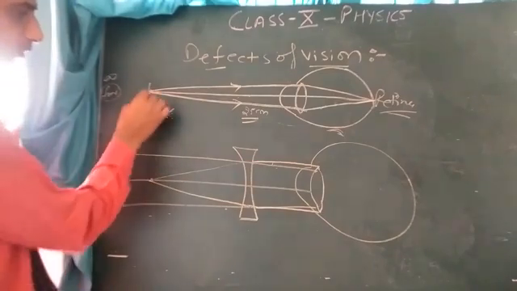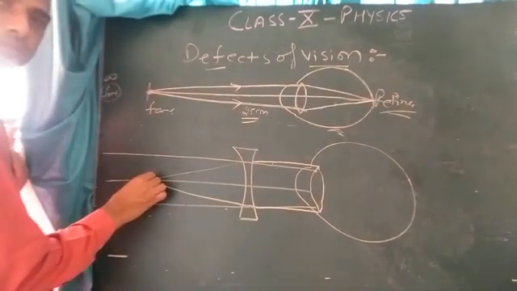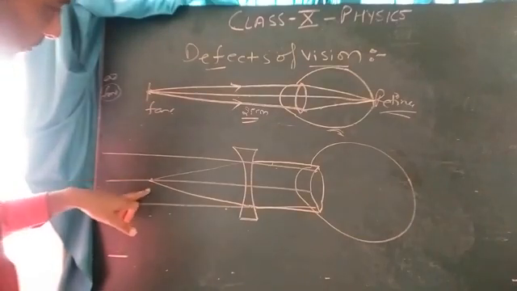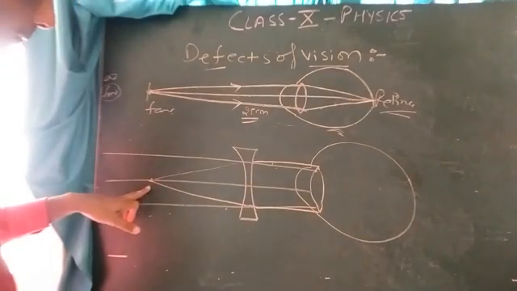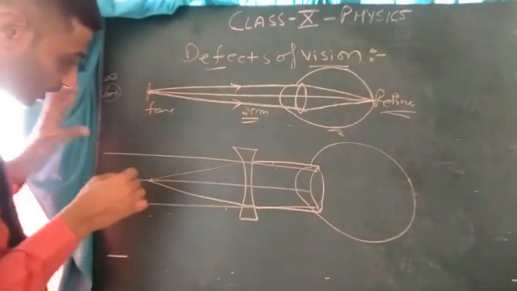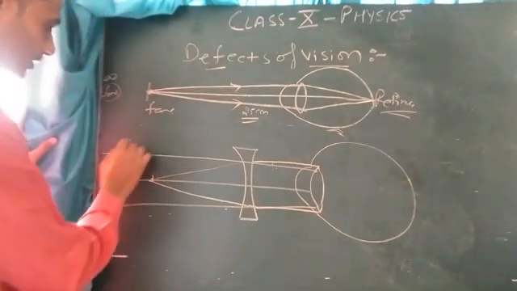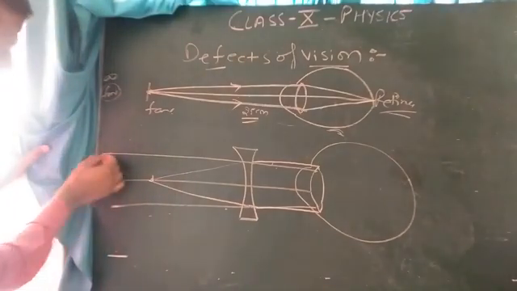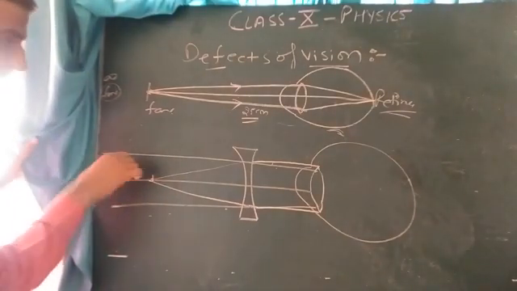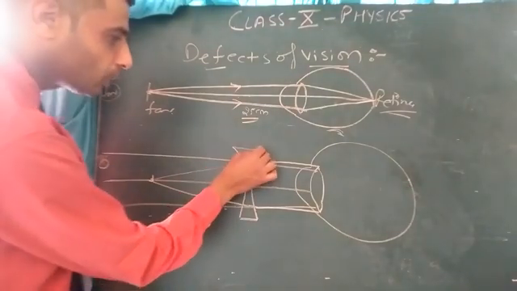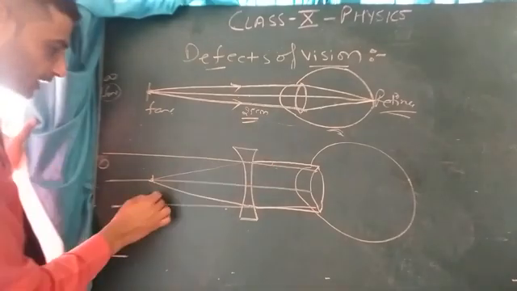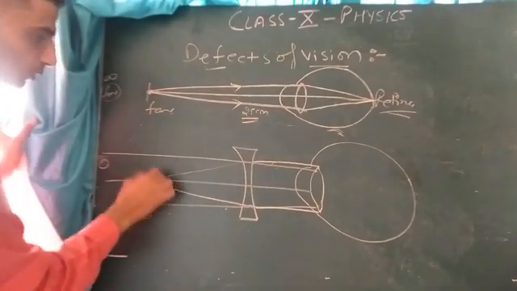This is the far point for a myopic eye. Okay, that is the far point for a myopic eye. It means now our object is not situated at infinity, but with the help of the concave lens we focused the object at the far point for the myopic eye.